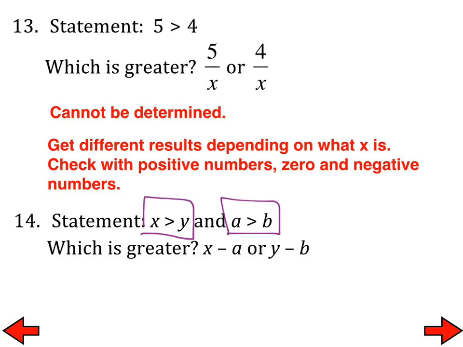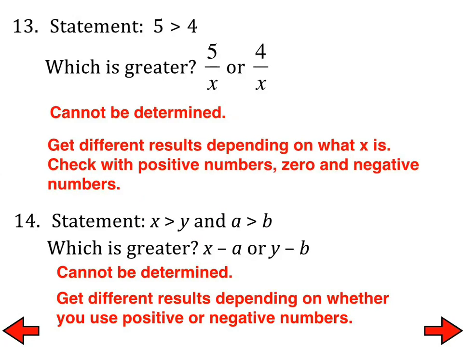So what happens in this one then? The thing is that we don't know what the variables are, so we don't know how much we're subtracting from either one. So let's say x equals 5 and y equals 4. And a equals 6 and b equals 5. You can get varying answers depending on that. So what happens then is that this one cannot be determined.